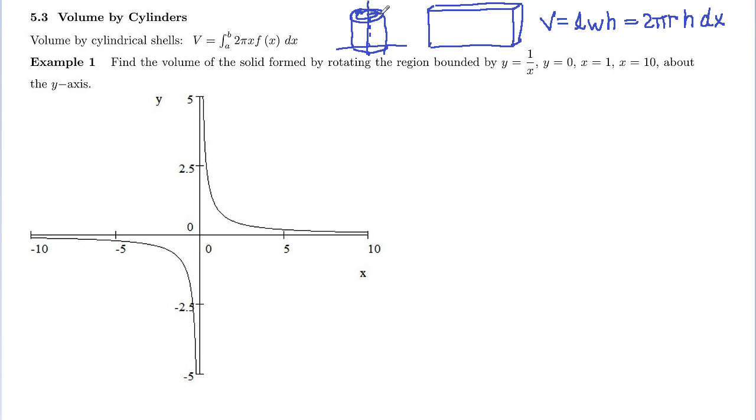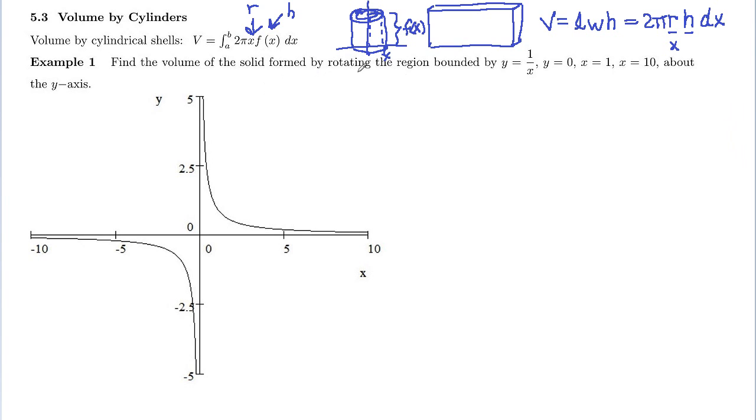So your axis is down here. That radius is going to be an x coordinate. And then your height here is going to be f of x for that x coordinate. So your radius is x and your height is f of x. So this is radius and this guy is height. And then the dx is your thickness.